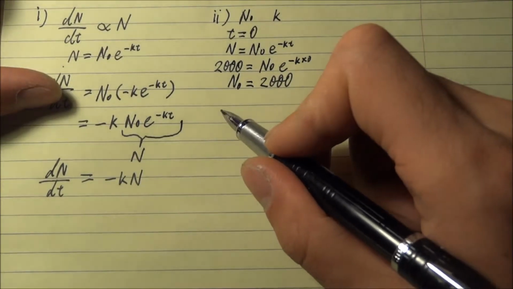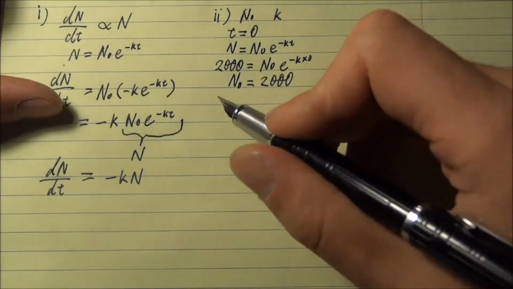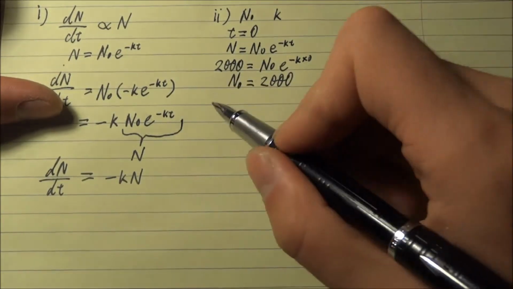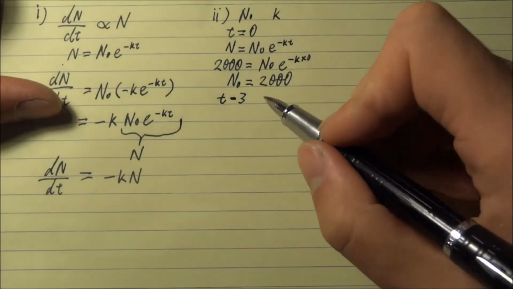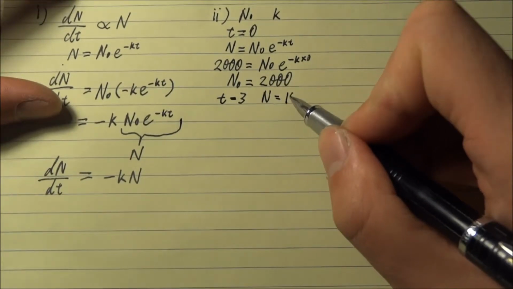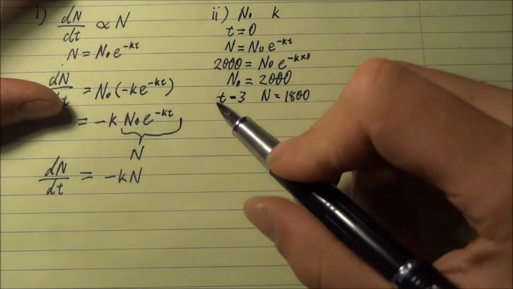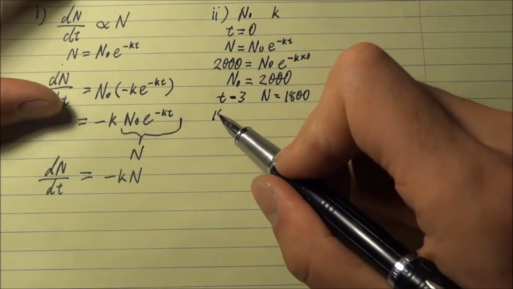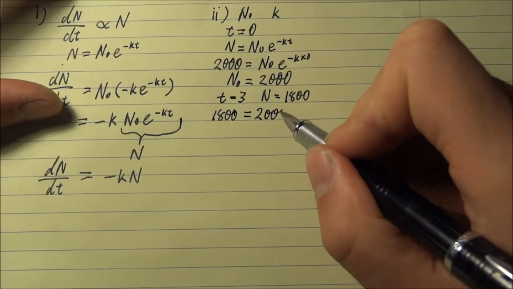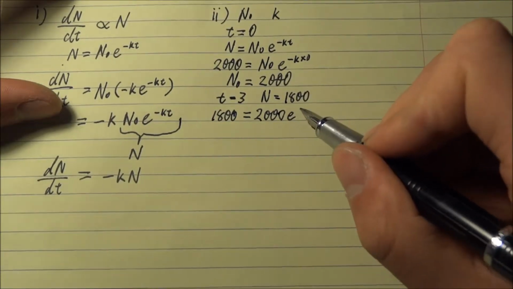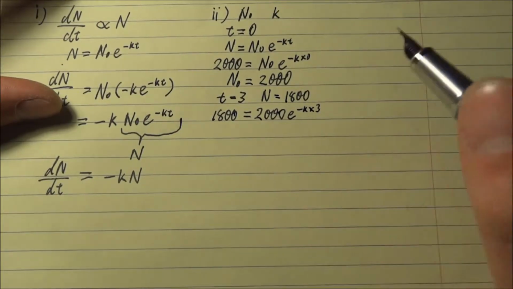And now to find k, another clue in the question is that t equals 3 and the population is 1800. So substitute these numbers back into the original equation. We have 1800 equals N naught, which is 2000, times e to the power of minus k times 3 this time.